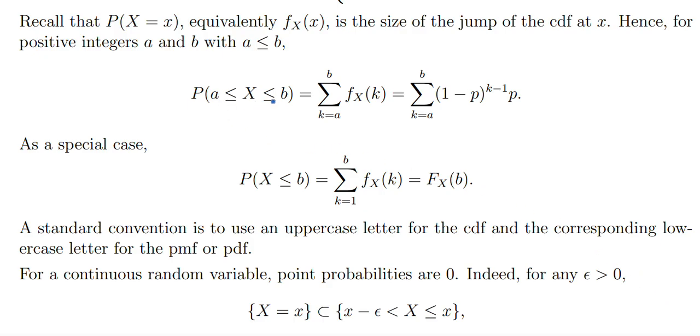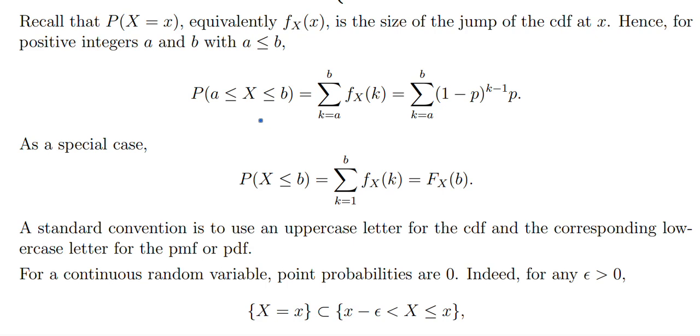Hence, for positive integers a and b, with a less than or equal to b, what is the probability that a is less than or equal to X, less than or equal to b? For any integers a and b, we are collecting probabilities from a to b. That means we will be summing up the PMF.